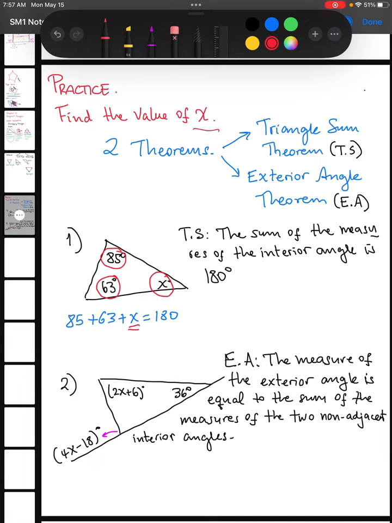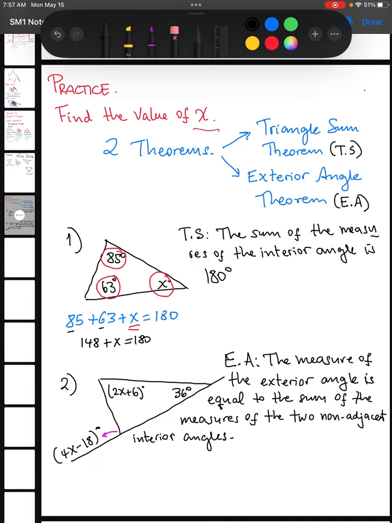In this case, we just have to proceed as usual, combine like terms and reverse operations as needed. The combination of 85 and 63: we add them and we get 148 plus x equals 180.